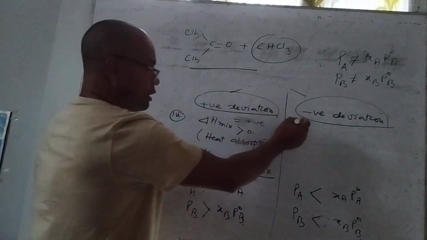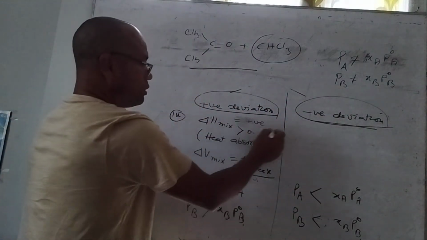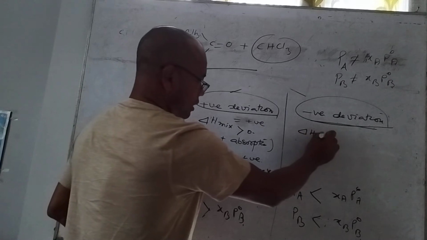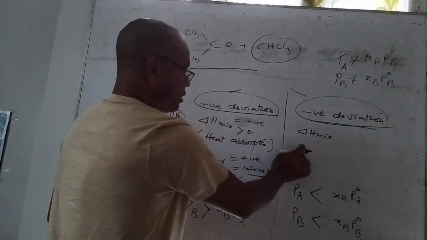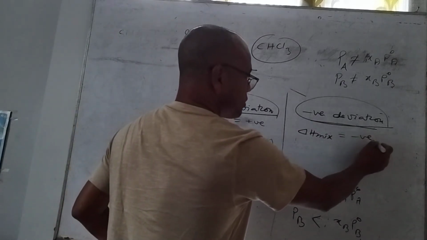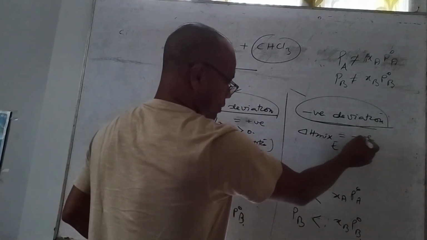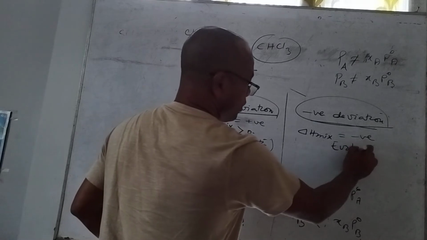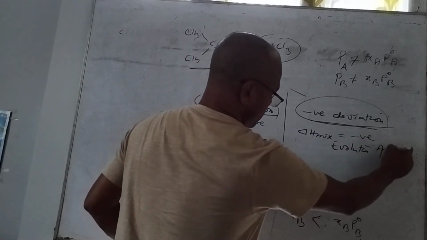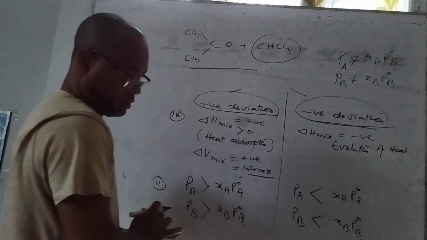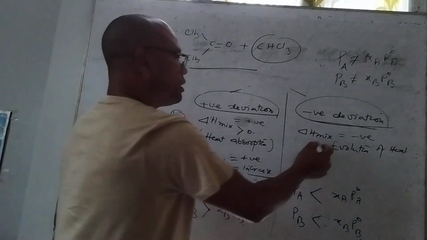But in the case of negative deviation, delta mixing, that means the enthalpy change, should be negative. If the enthalpy change is negative, that is evolution of heat, which means it is less than 0.